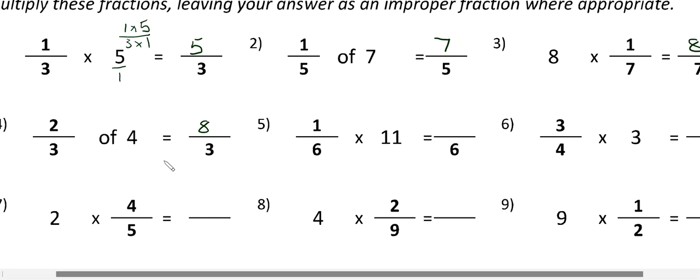Well, I've got 3/3, that's dealt with 3 of them, and another 3/3, that's 6/3, and then I'm left with 2 left over. 3 is 6, 7, and 8. That leaves me with 2 whole ones and 2/3.